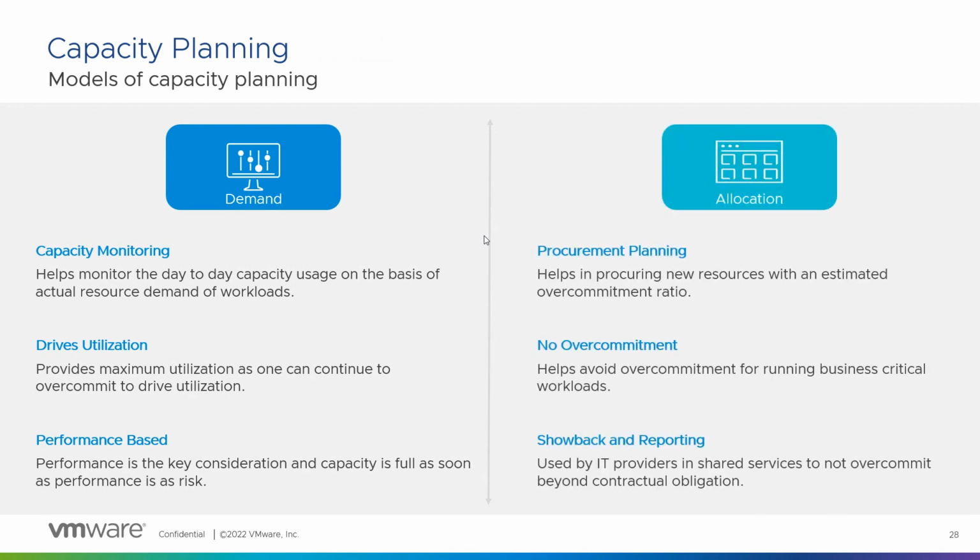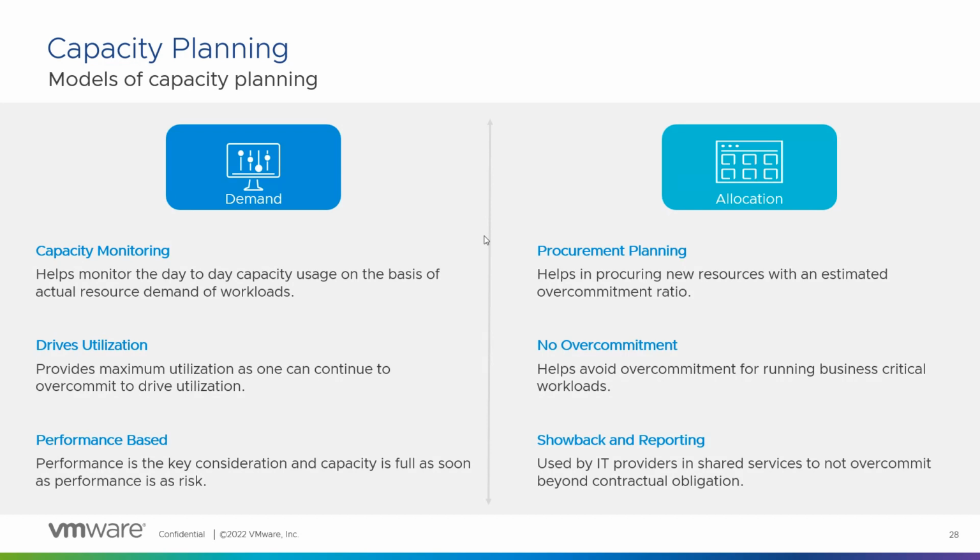And then on the other hand, we have what's called allocation. This is where you are doing capacity planning based on things like overcommit ratios. Like, I want to run 4 vCPUs per core, or maybe I have a supercritical environment and I don't want to overcommit at all. I just want to run 1 vCPU per core, and 1 gigabyte of memory per physical gigabyte of memory.